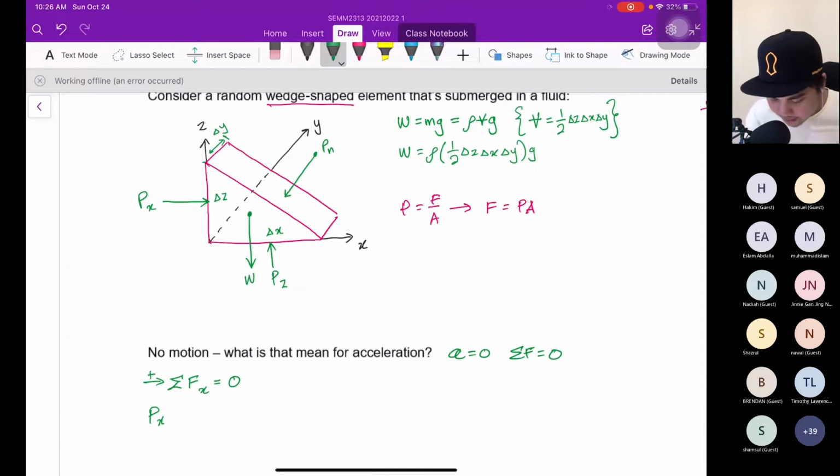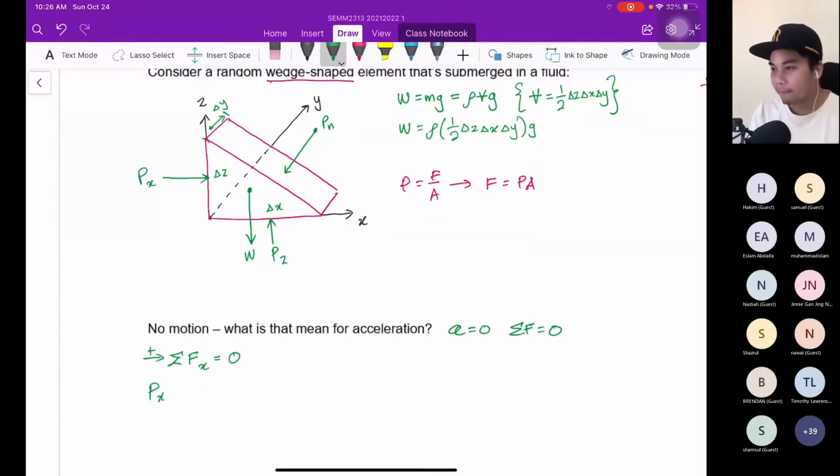What's the area of x? Anyone knows what is the area in the x direction? Delta y times delta z. Yes, perfect. This is the area, you can see here.